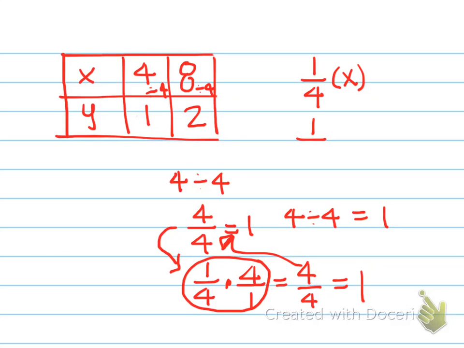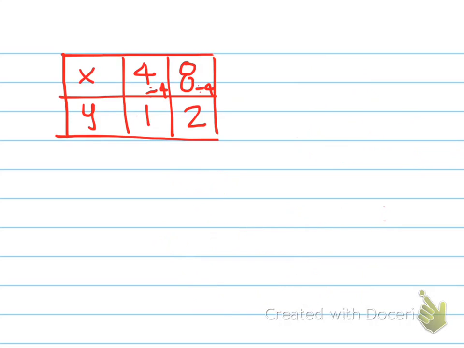I said that 1/4 times x, which is 4/1, gives me 4/1 if I multiply straight across, which gives me 1. Let's try this again. I think this will be easier to see if we use 8 divided by 4.